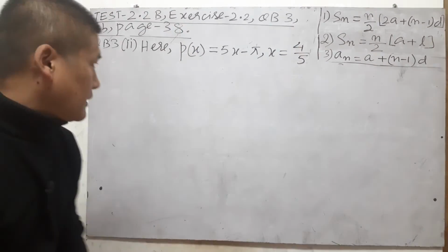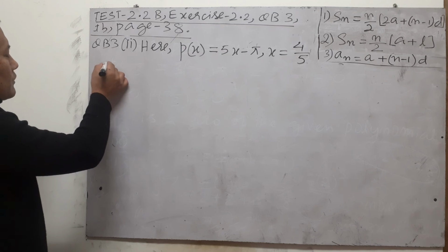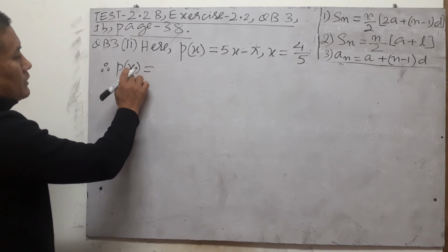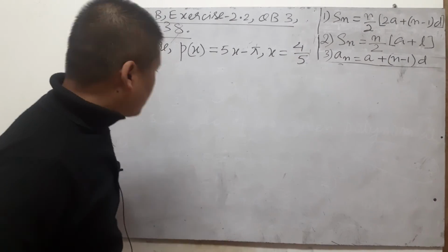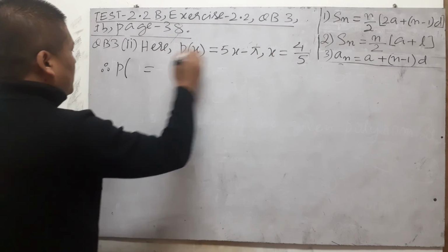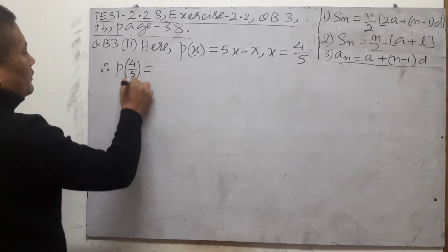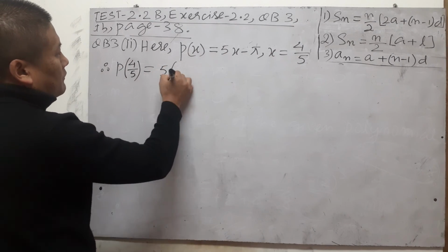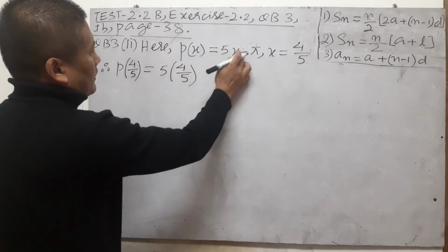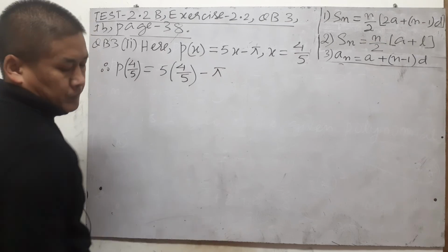So we'll do now in the same manner. So I think it's quite easy. Therefore, given that x is equal to 4 by 5, can now be replaced in P of x. So x is 4 by 5. So we put that, and here 5 into x value. We replace that 4 by 5 minus pi.